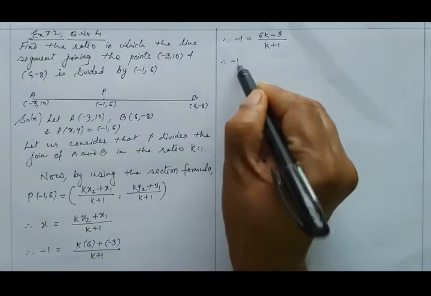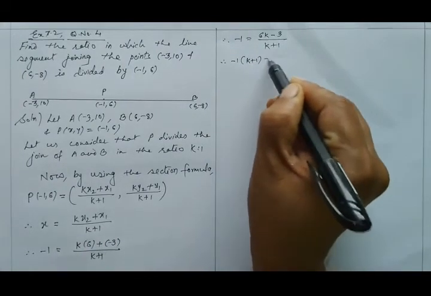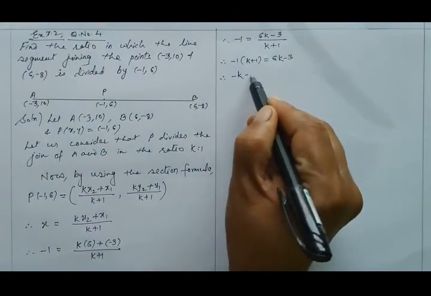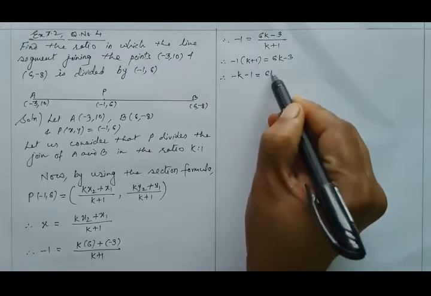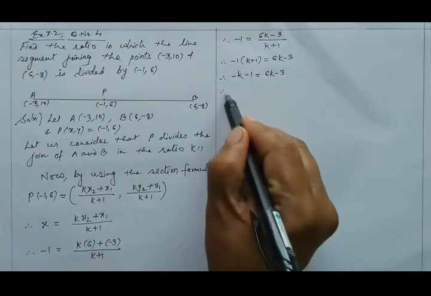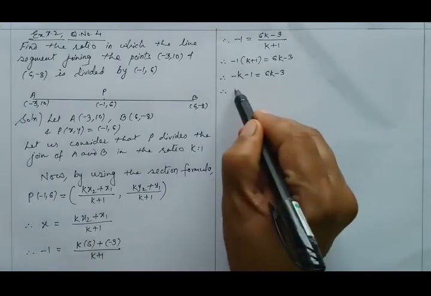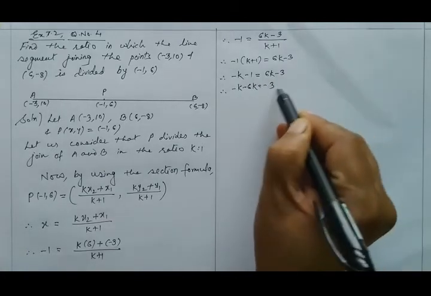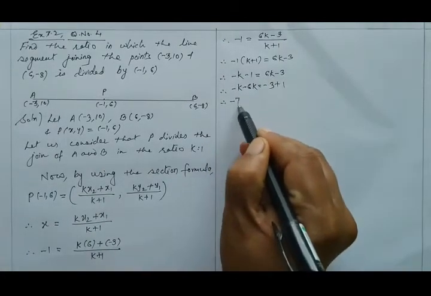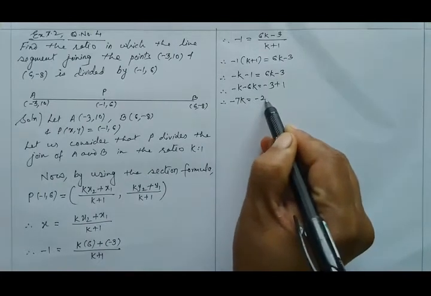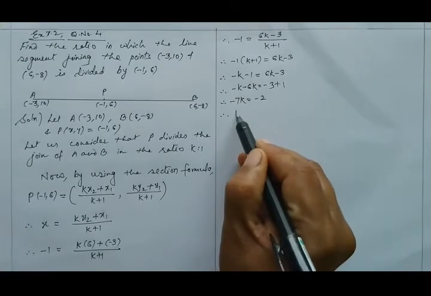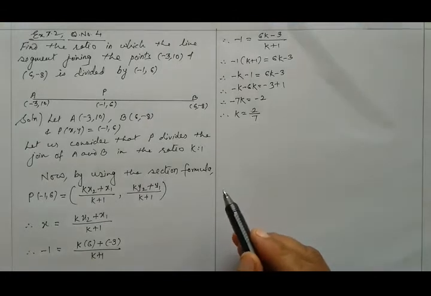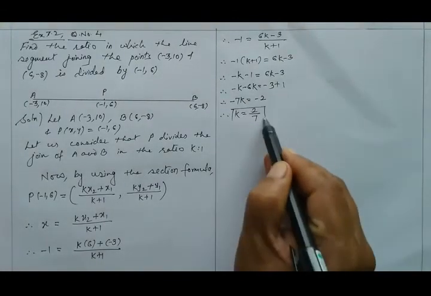So therefore minus 1 into k plus 1 is equal to 6k minus 3. So minus k minus 1 is equal to 6k minus 3. So therefore take 6k this side, so minus k minus 6k, we take minus 1 this side, plus 1, so minus 7k is equal to minus 2. Okay, and therefore k is minus 2 upon minus 7, that is plus 2 upon 7.